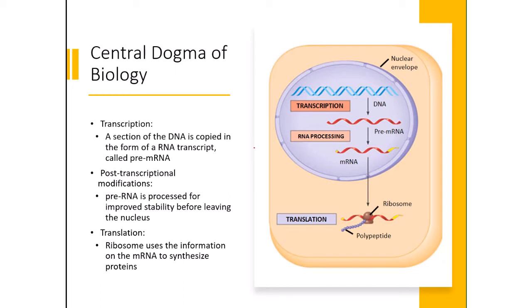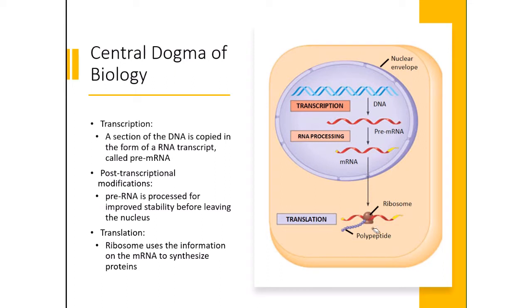After you create the RNA, we actually call it a pre-mRNA because it's not quite ready to exit the nucleus yet. So we're going to make some modifications to it in a process called post-transcriptional modification. That increases the stability of the RNA, and after you do those modifications, it's able to exit through a nuclear pore on the nuclear envelope.